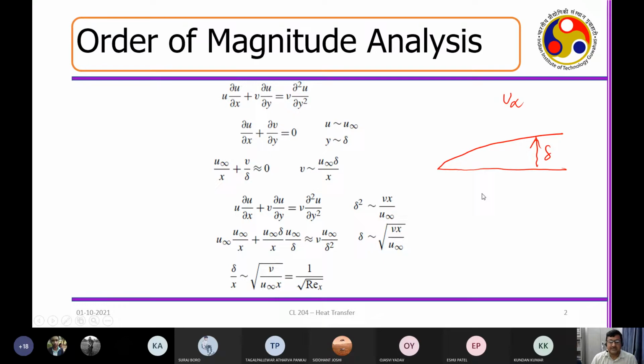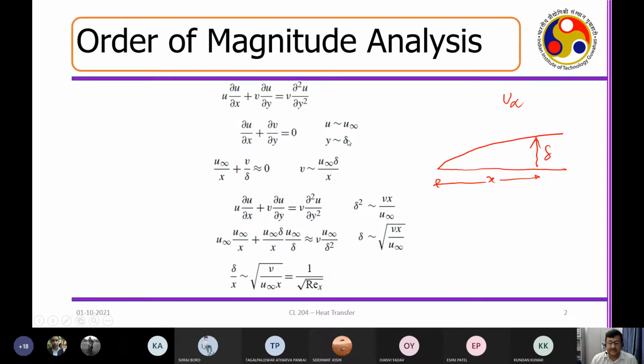Now, in that sort of situation, I can assume this u to be u infinity, sorry, this y to be delta. This x is the leading edge, this particular distance, after which it is becoming fully developed. And what I do not know is the velocity v, which is my y directional velocity.